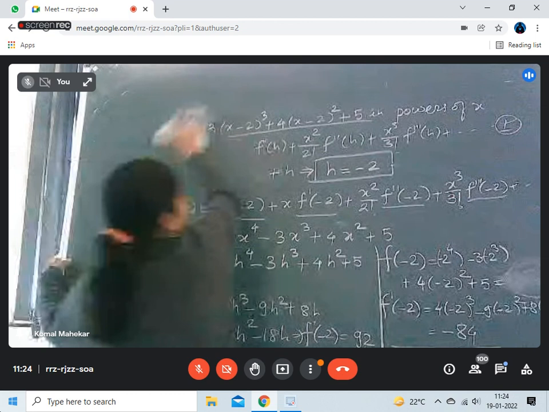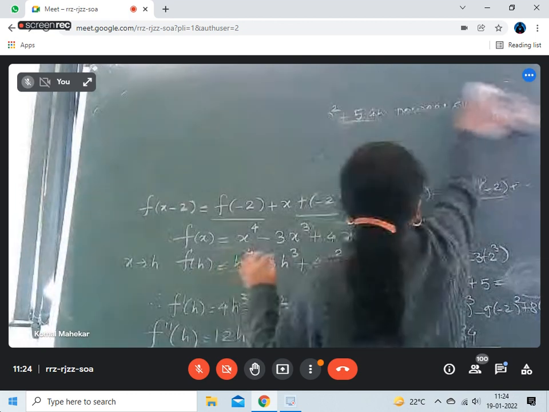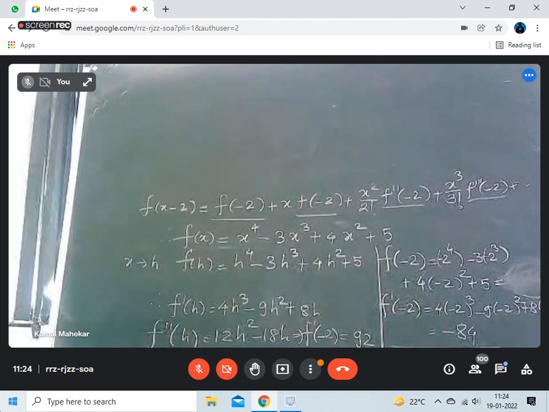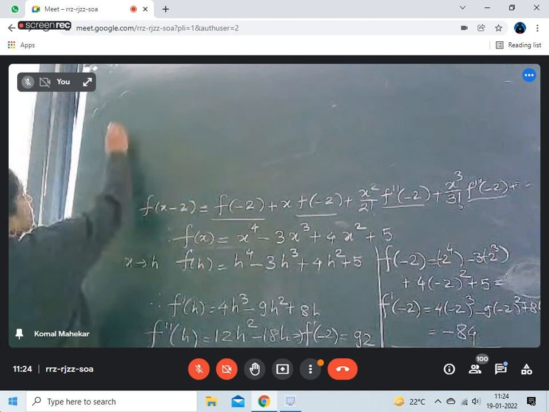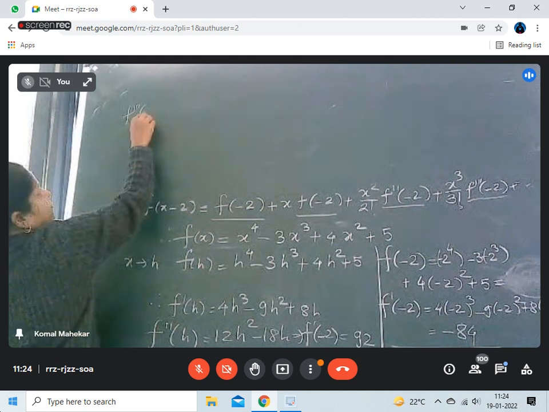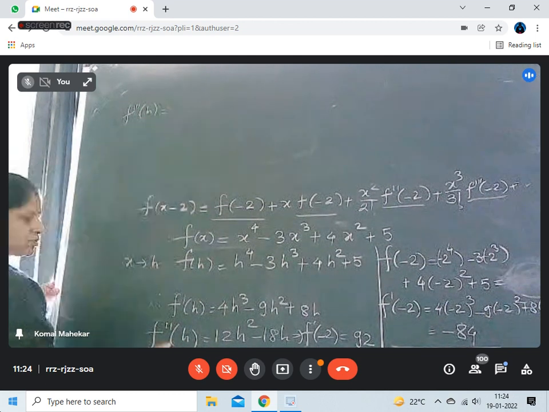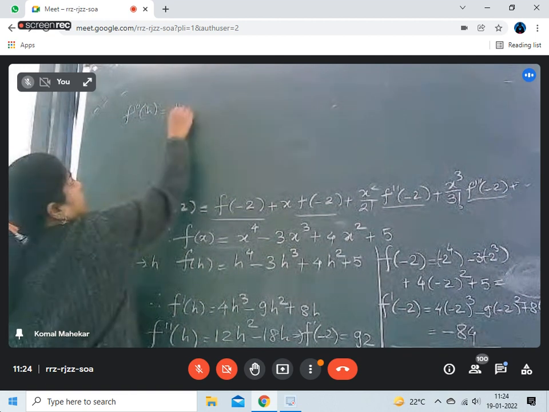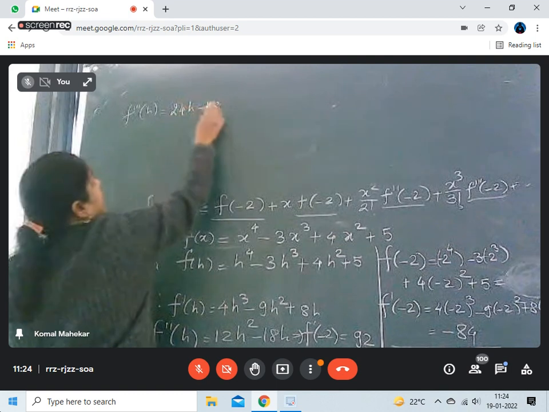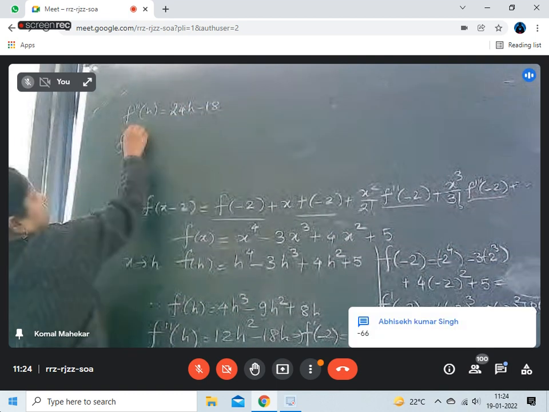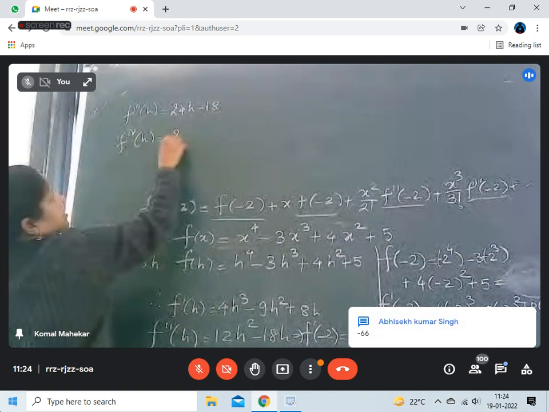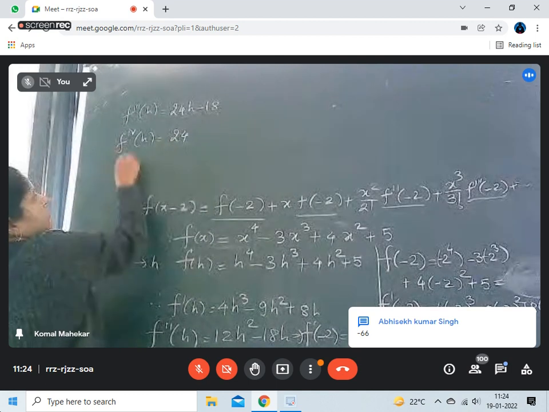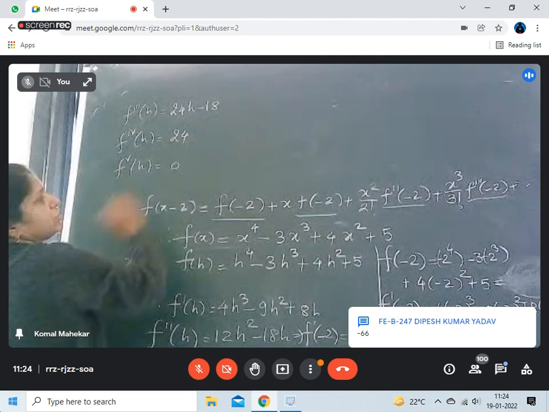Now f triple dash of h, the third derivative, is 24h minus 18. The fourth derivative of f is 24. The fifth derivative is 0.